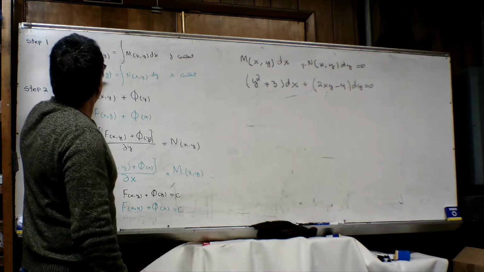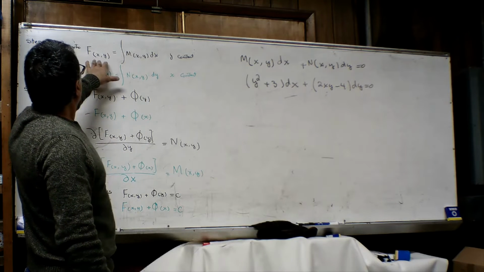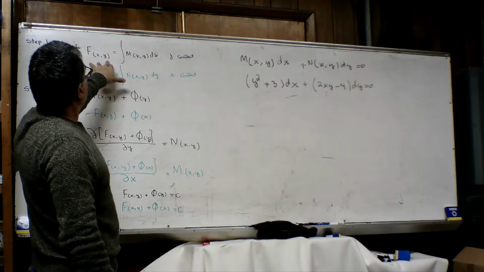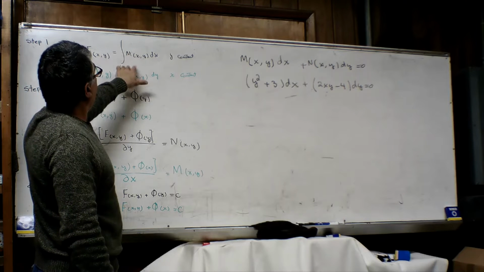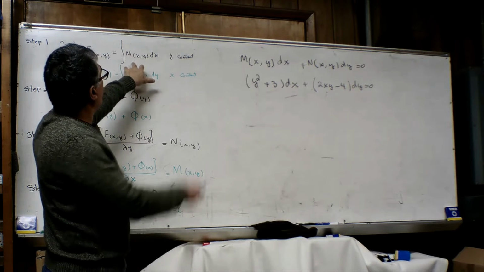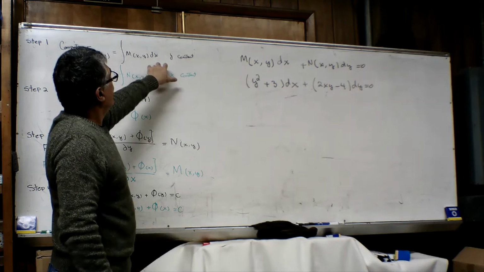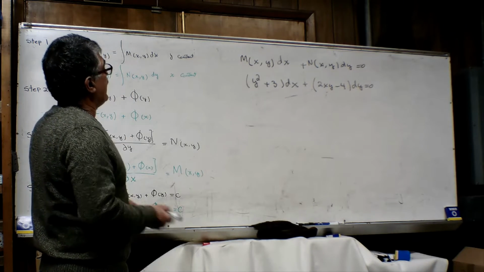Step number 1 says to find f as a function of x and y equal to the integration of M dx while y is constant.